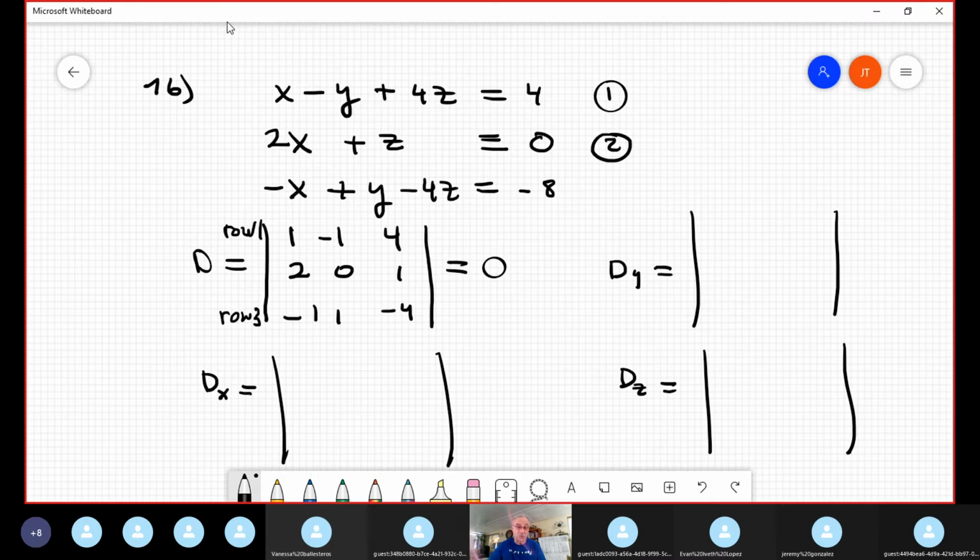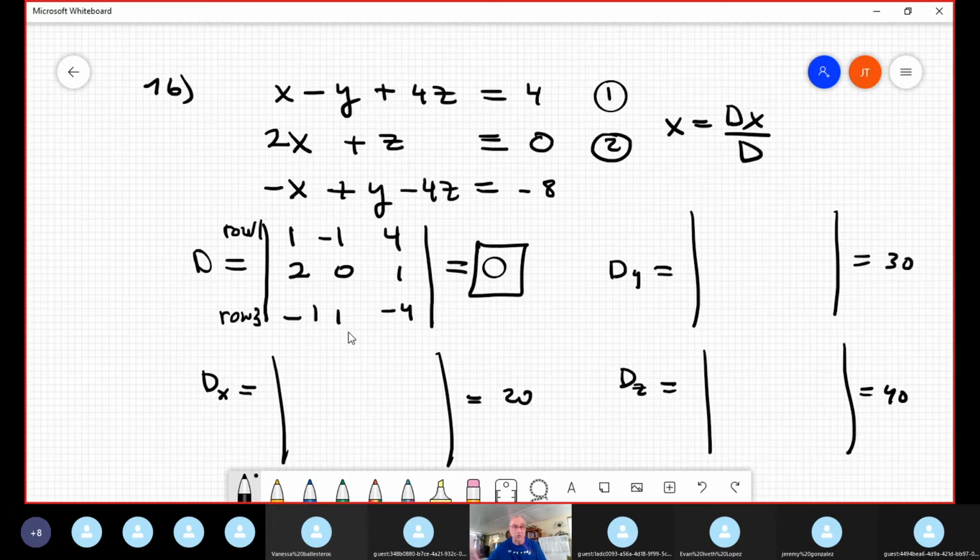So when the answer is 0, it doesn't matter if dx here is 20, 30. By the way, it's not important. You see, Cramer's rule is not applicable, because Cramer's rule divides by d. So x is equal to dx divided by d, and division by 0 is impossible.